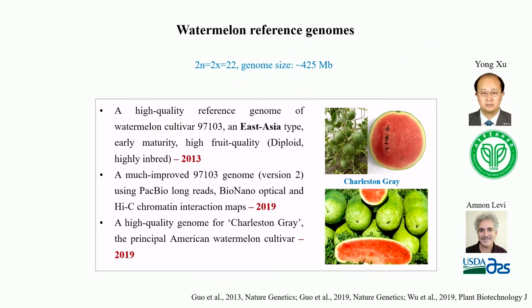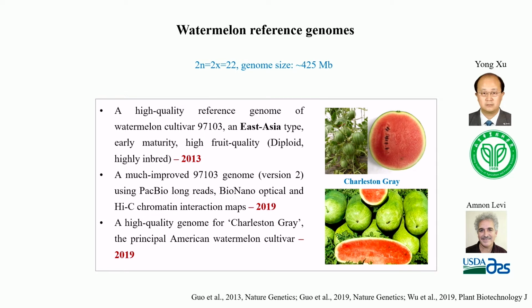First, I would like to introduce the genomic resources we have developed for watermelon during the past 15 years. In 2008, led by Dr. Yong Xu, we formed the Watermelon Genome Initiative. Our goal was to generate the first reference genome for watermelon.